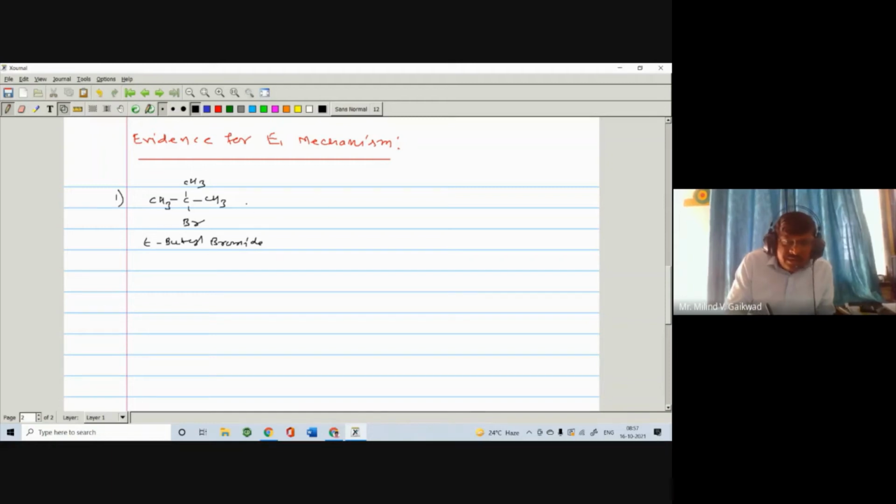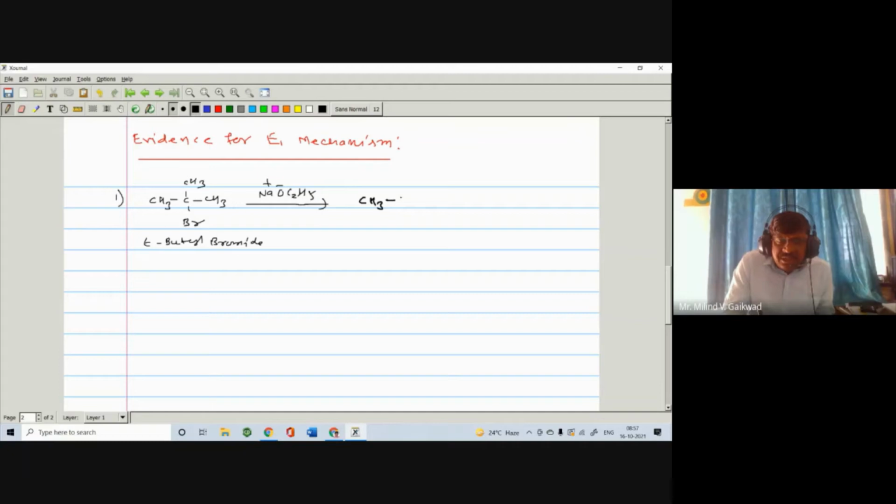When it undergoes reaction in the presence of a base, for example C2H5ONa in C2H5OH, we get the product, and of course you know that in this case the product is the corresponding alkene.